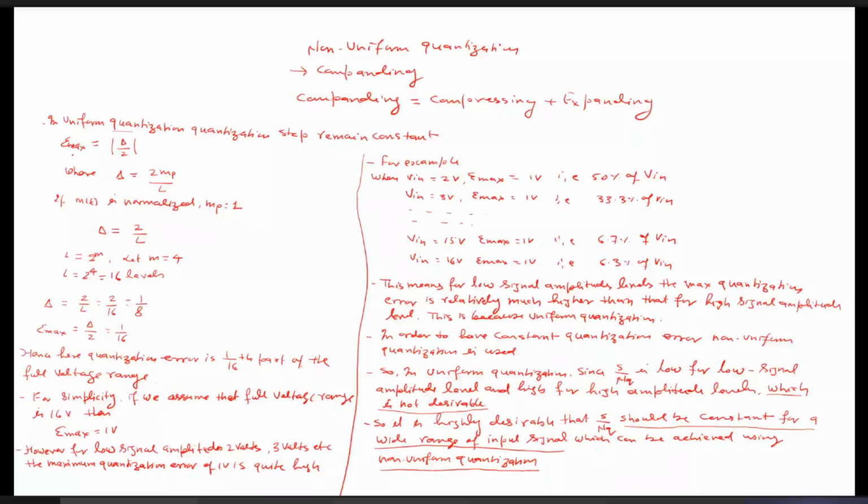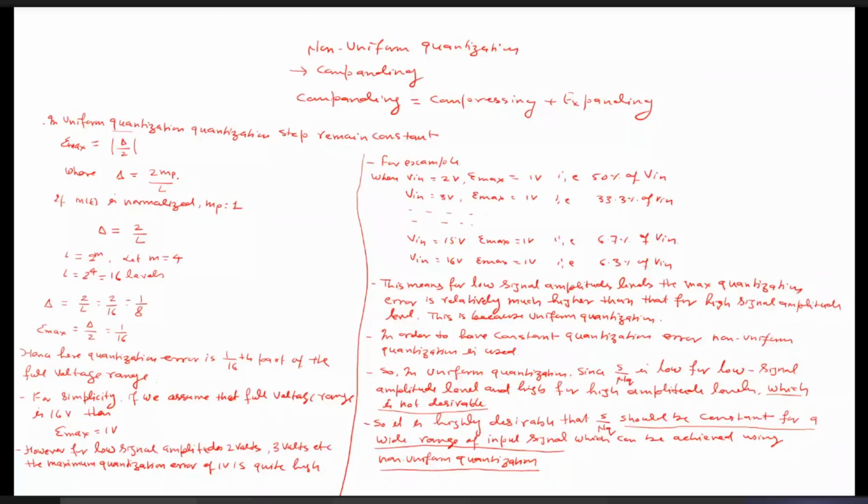I have put the mod over here because this quantization error may be minus delta by 2 or delta by 2. So we take epsilon for better understanding: epsilon max equals mod of delta by 2, where delta is the step size. In the previous slide, we have seen that this step size is given by 2 MP by L, where MP is the peak value of the analog signal and L is the total number of quantization levels.